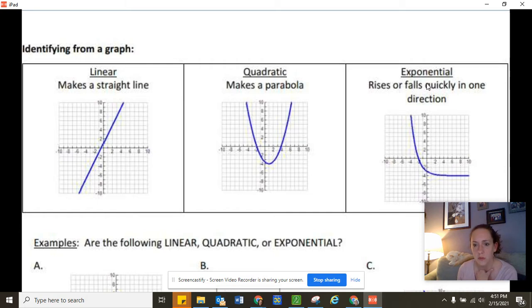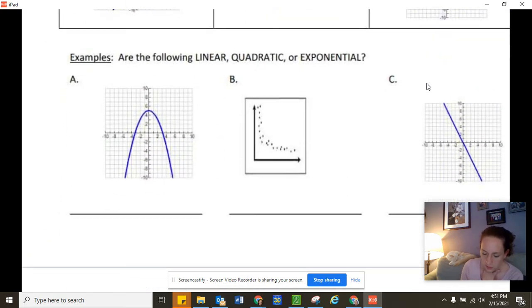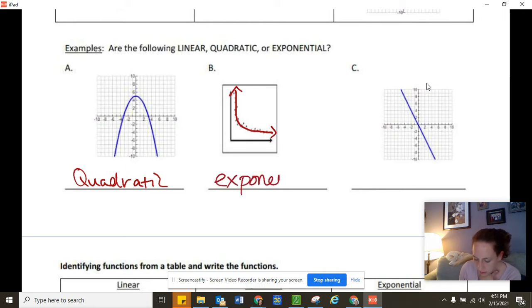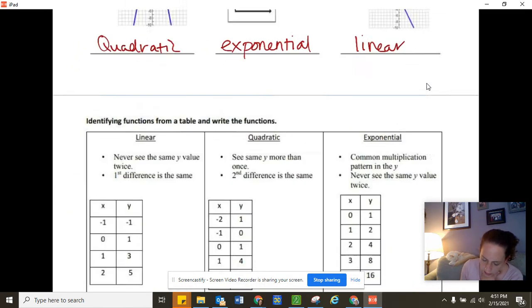So it's going to be one of those two. Anything that looks like a parabola is going to be quadratic. And this, even though it's a scatter plot versus a line, falls really quickly and then kind of evens out. That is exponential. And then a straight line will always be linear.